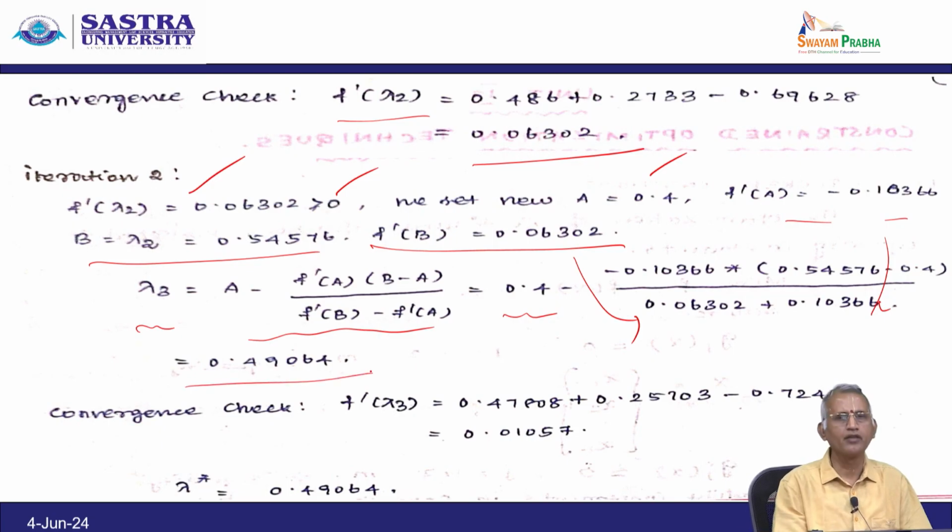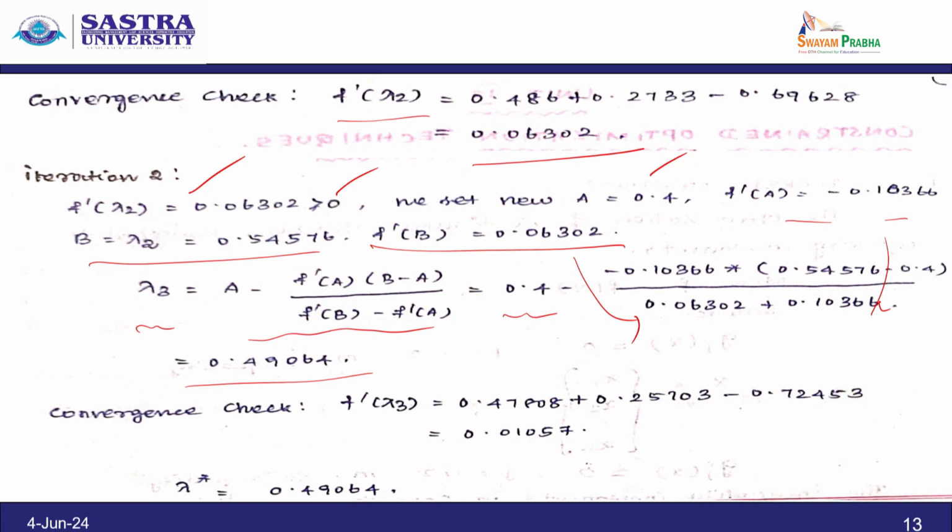So that 0.49064 will come, and check the convergence. So we have the value of f dash of lambda 3 equal to 0.01057. Therefore, lambda star equal to 0.49064.